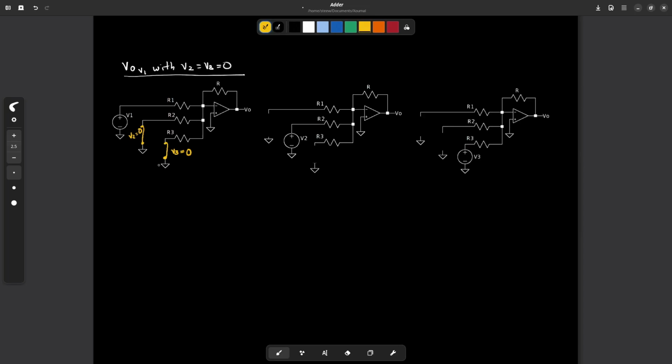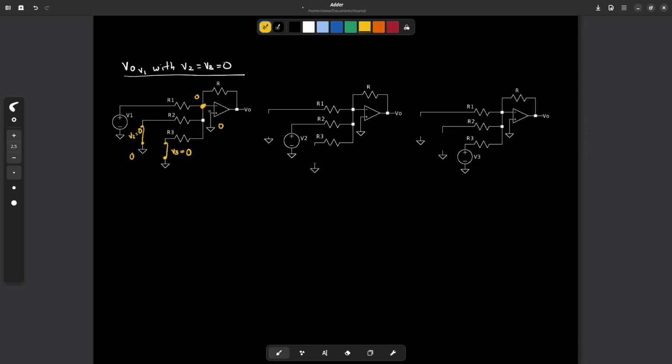Okay? So in this case, if you try to apply Kirchhoff current law to solve this problem, you are going to find something very interesting. Look, this node is my reference node, which is at 0 volt. Due to virtual short, this node is at 0 volt, okay, because my positive input port is connected to ground, so its voltage is 0 volts.